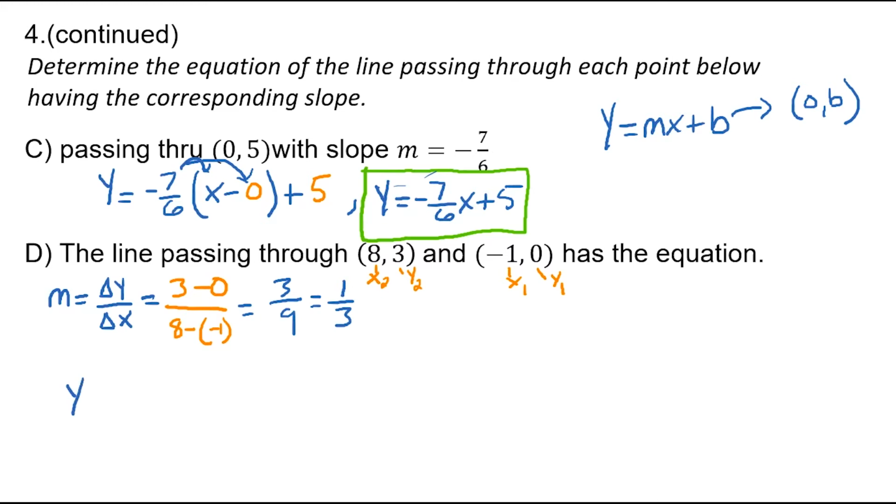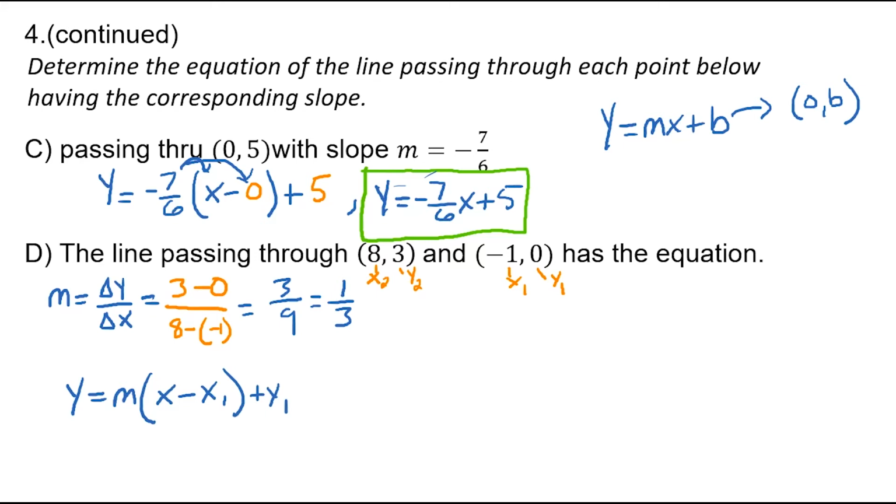So let's take our general formula where we have y equals, just to remind you, m times x minus x sub 1 plus y sub 1.